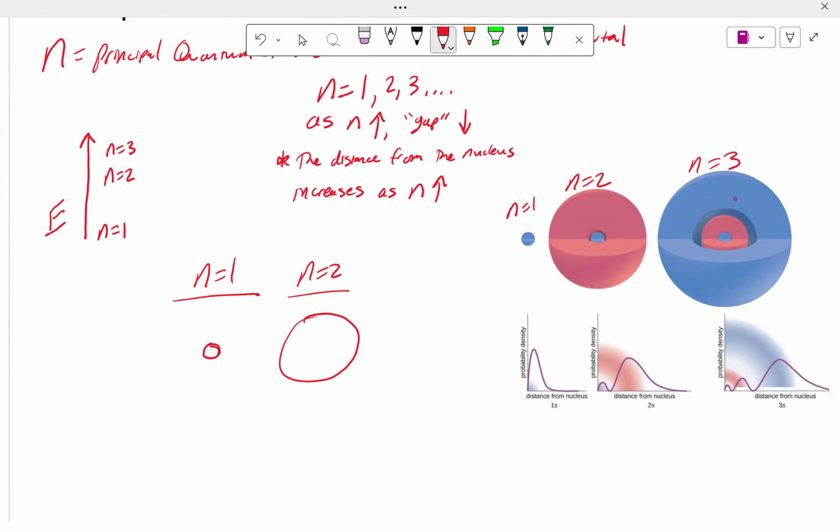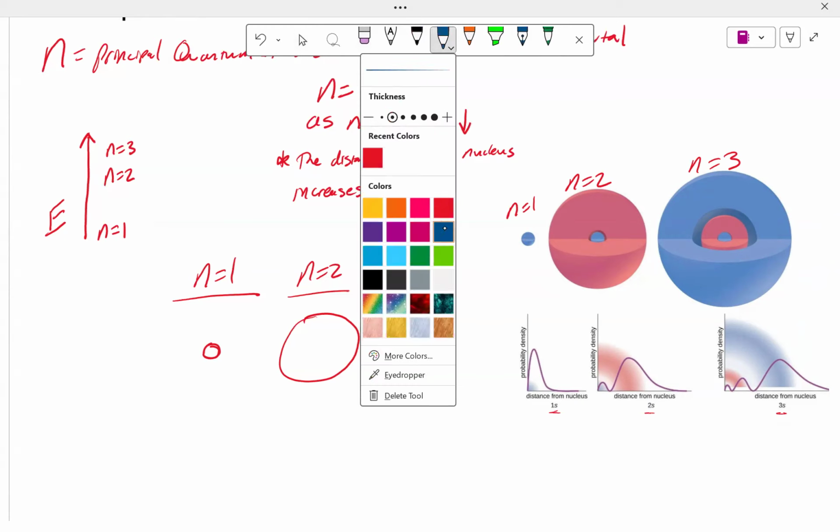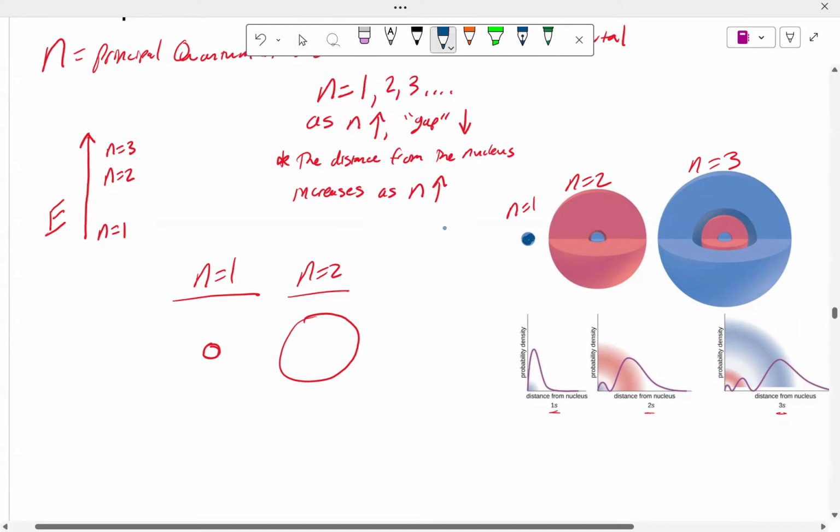Don't worry about the s yet, 1s, 2s, 3s. We will get to that. But I want to highlight the colored regions you see there. This blue dot right there represents the probability of finding an electron.